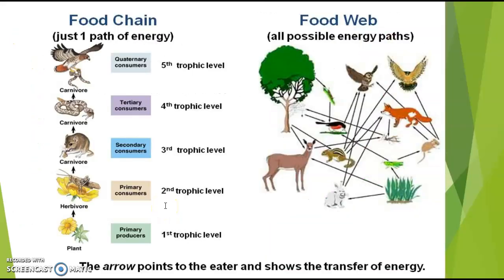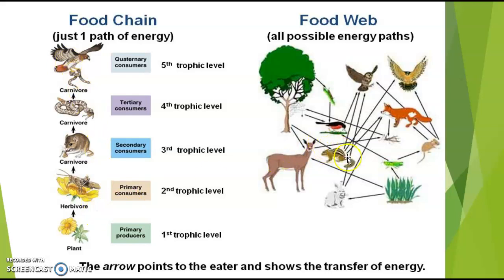Lastly, and probably review for you, you have food chains versus food webs. So just quick clarifying. A food chain only shows one path of energy. So it just shows you one set of arrows going from your producer on the bottom to your tertiary or top level consumer at the top, and then everything in between.